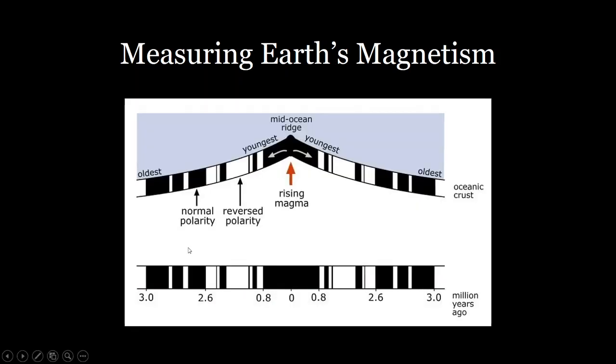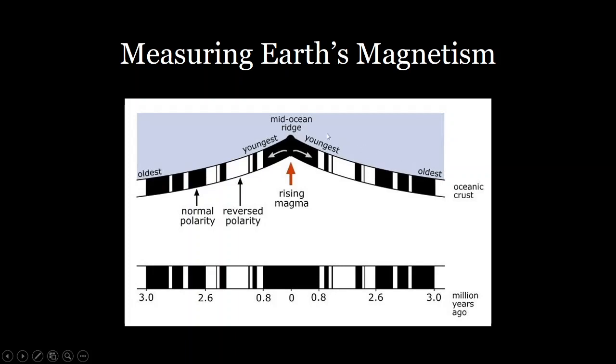What we see here is that the magnetic fields seem to correlate really well with the age of the rock that each is in. And so as you move further away from the center of the mid-Atlantic ridge, where you have magma coming up, you get older and older.